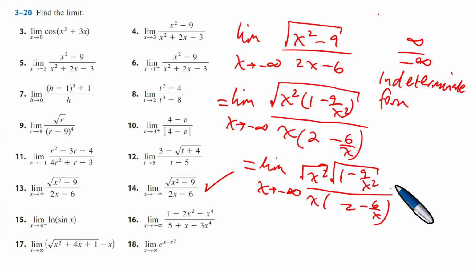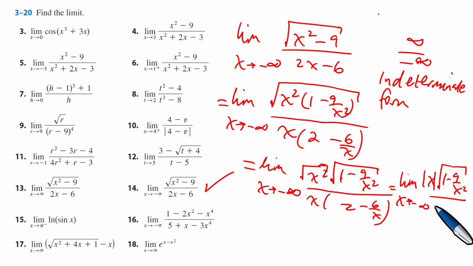At this point, we have the limit as x approaches minus infinity of the square root of 1 minus 9 over x squared, times the absolute value of x, divided by x times 2 minus 6 over x. As x approaches minus infinity, the absolute value of a negative number is going to be minus x.